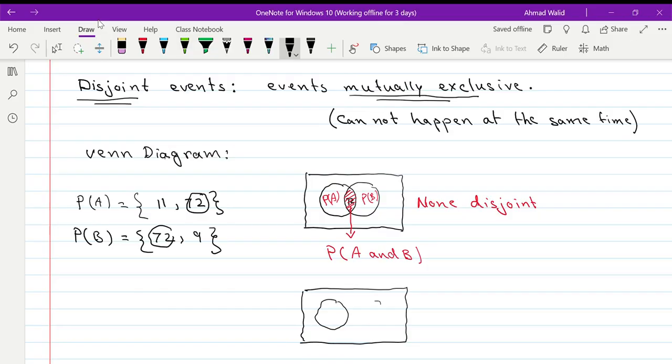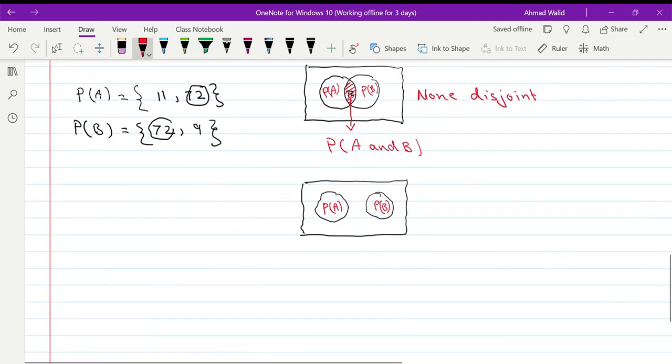One circle, another circle. This is P of A. This is P of B. Do you see, these two circles don't have overlap, or in mathematical language, they don't have intersection. Correct? That's why we call this disjoint.